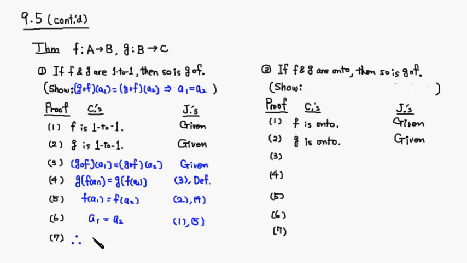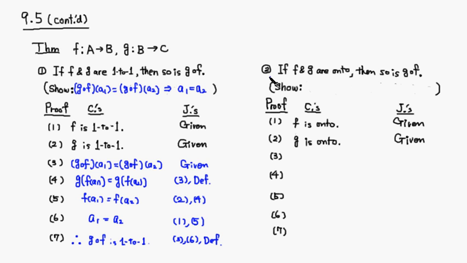So the composition g of f is also 1 to 1. I'm using line 3, implying line 6, and the definition of a 1 to 1 function. That's the proof for the first one: if two functions are 1 to 1, then the composition is also 1 to 1.